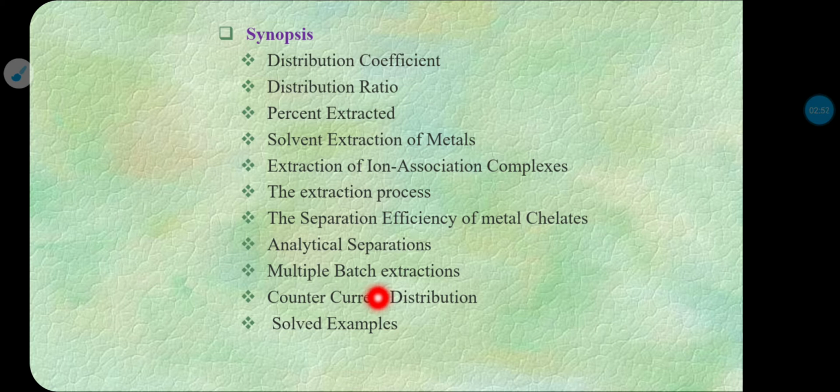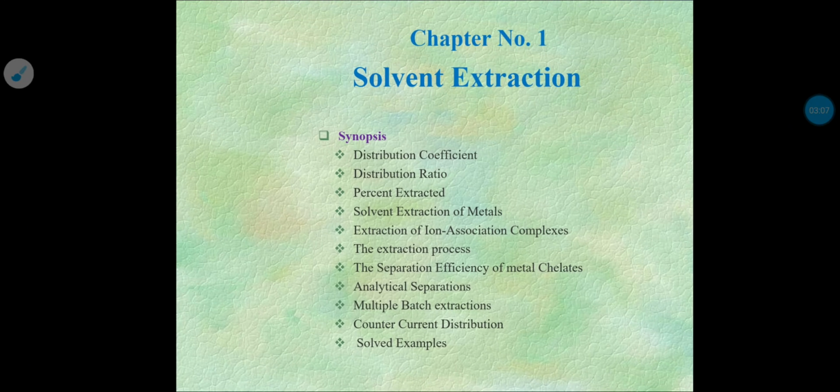It is also part of solvent extraction technique, but in this technique we use a specific instrument. That's why it is called counter current extraction. And there are some numericals on this chapter.